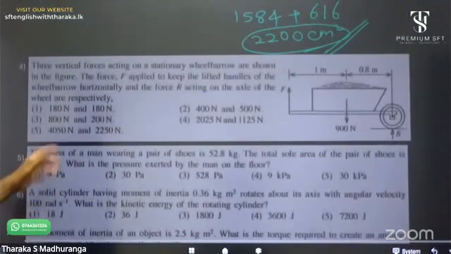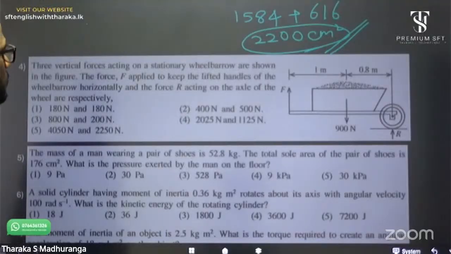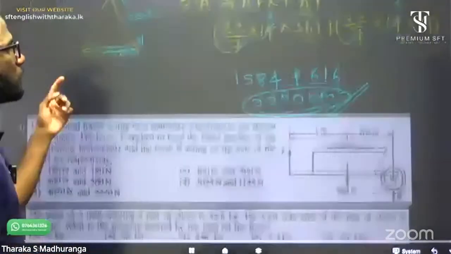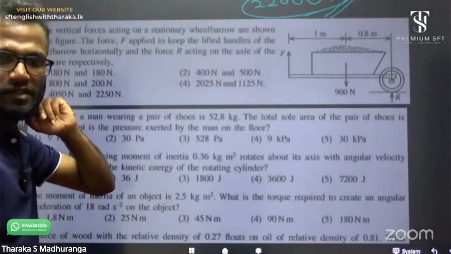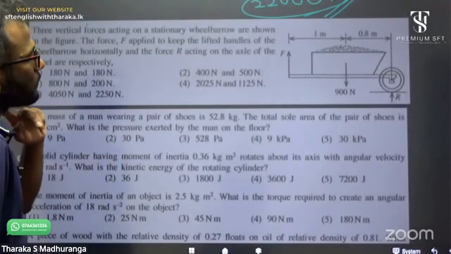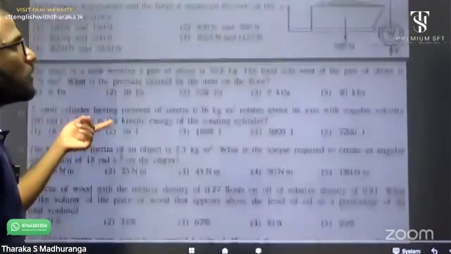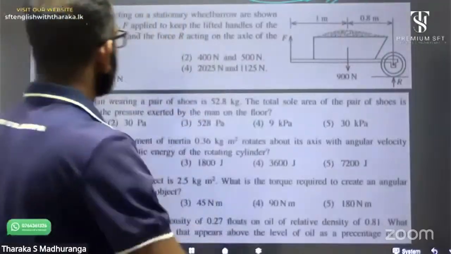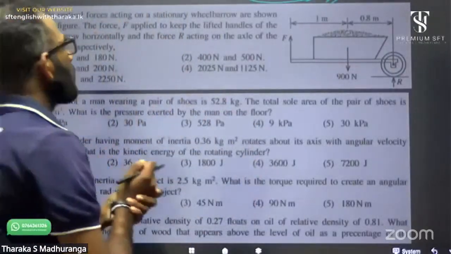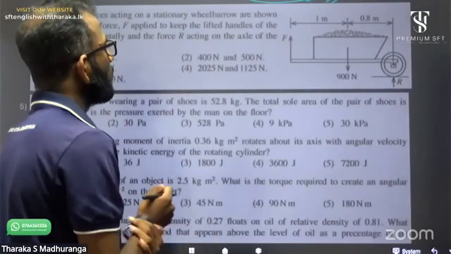This question we already discussed in the first lesson. It is moment of force. I will quickly explain. Three vertical forces act on a stationary wheelbarrow.